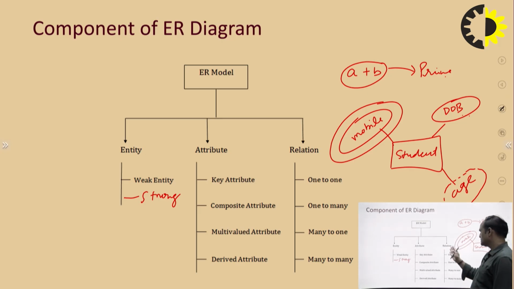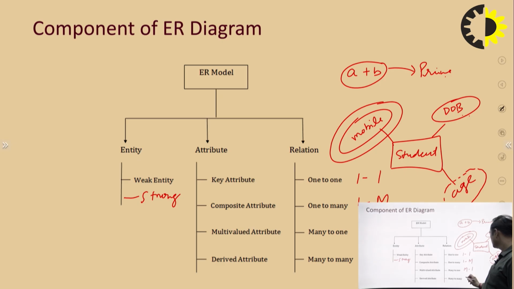So the next part is relationship. How can a relationship be maintained in a particular ER diagram? A relationship is a relation between two entities or more than two entities. A relation can be of type one-to-one, one-to-many, many-to-one, and many-to-many.